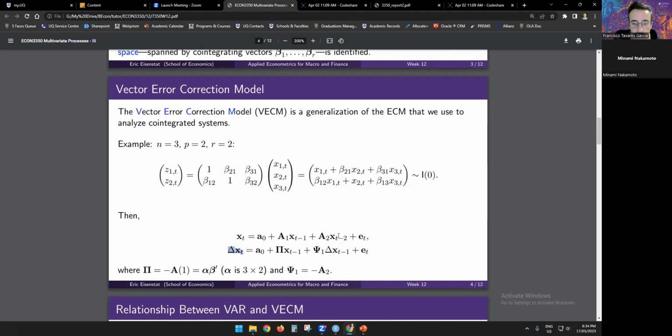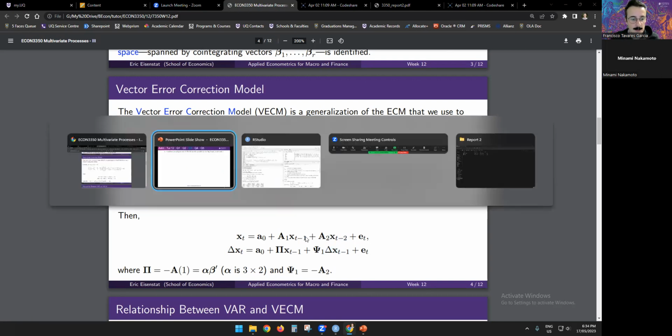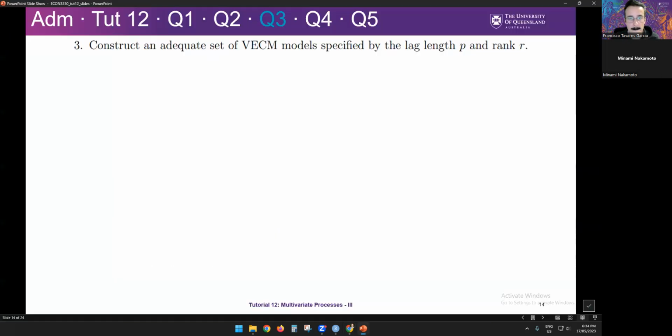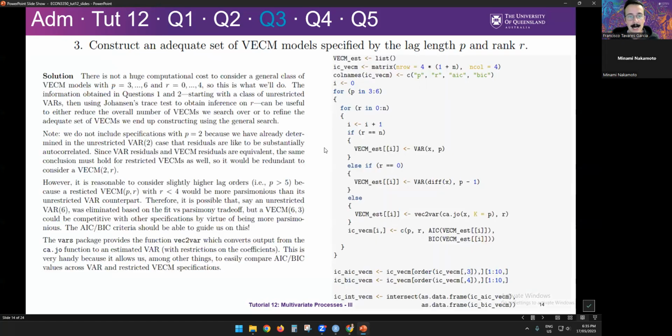So you will notice that this xt minus 2 is now shortened to xt minus 1, and this will be important later. Very simple. Okay, construct an adequate set of vector error correction models specified by lag length p and rank r.